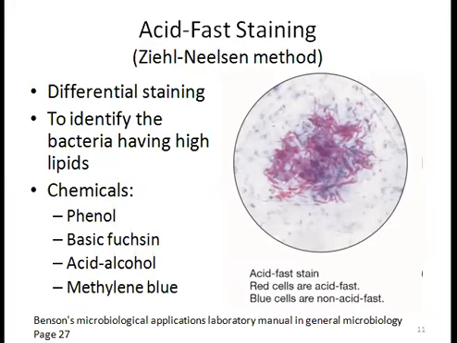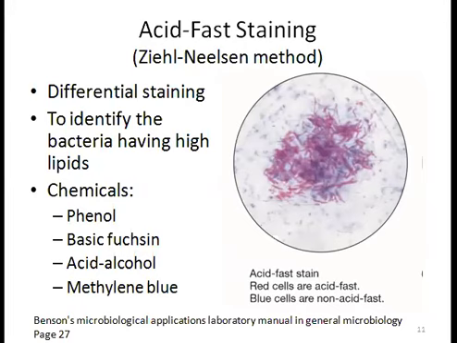in humans. These bacteria have cell walls with high lipid content, which prevent dyes from readily binding to these cells. They can be stained by a harsh method that uses heat and phenol to drive basic fuchsin into the cells.